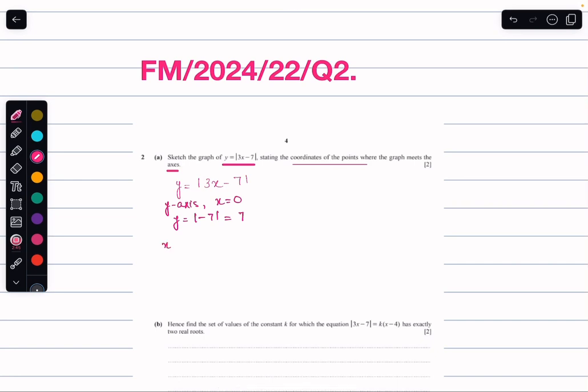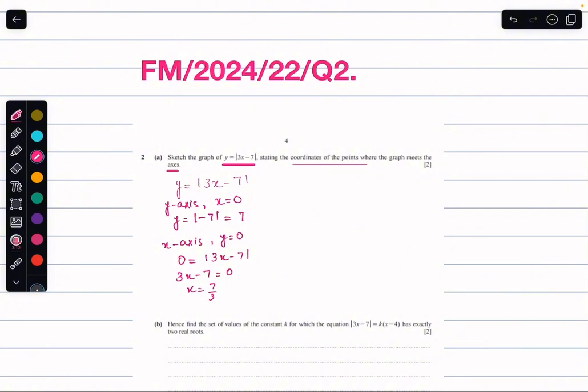In the same manner, on the x-axis, y needs to be 0. So absolute 3x minus 7 should be equal to 0, then 3x minus 7 equals 0, or x equals 7 by 3. So we have the two coordinate axes values here.